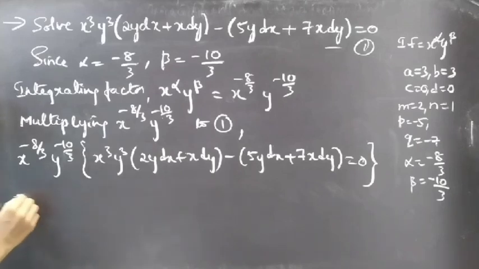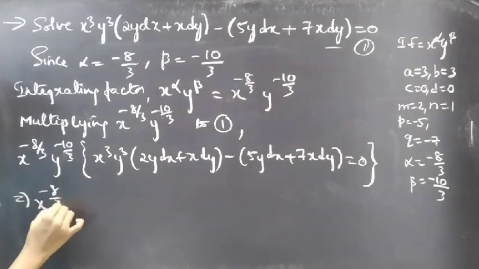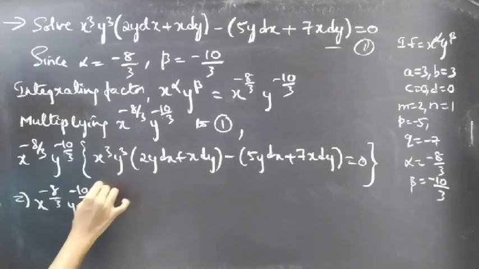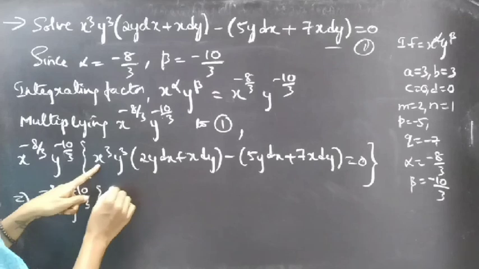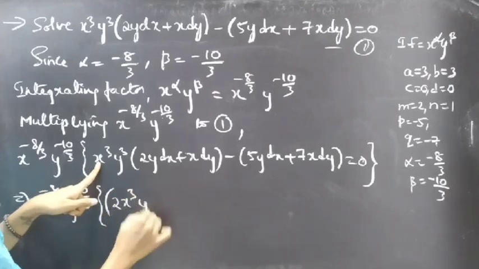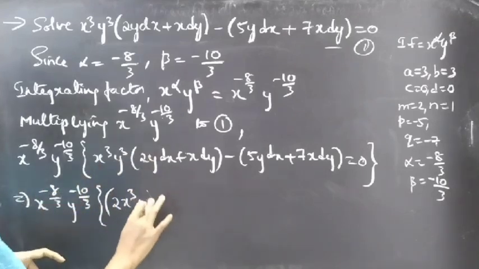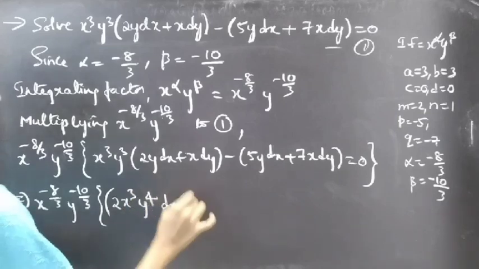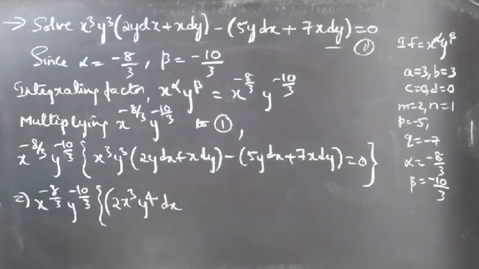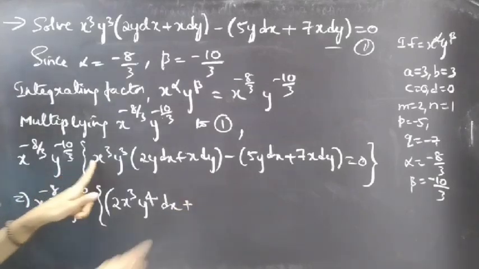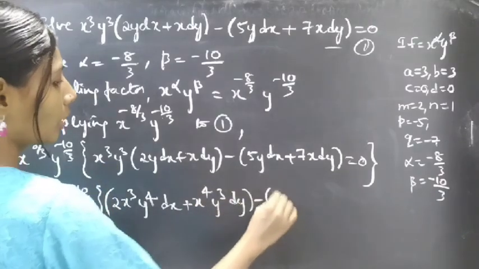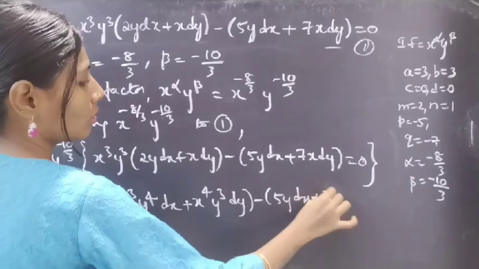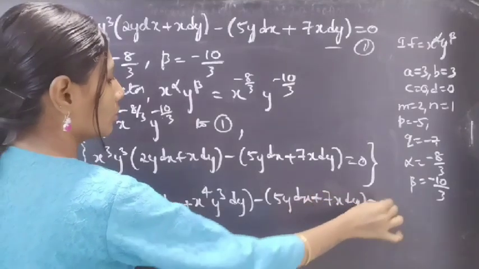This gives us x power minus 8 by 3 y power minus 10 by 3 into 2 into x cube y cube into y gives y power 4 into dx. Since the bases are equal, powers can be added, plus x cube into x power 4 y cube into dy minus of 5y dx plus 7x dy equal to 0.